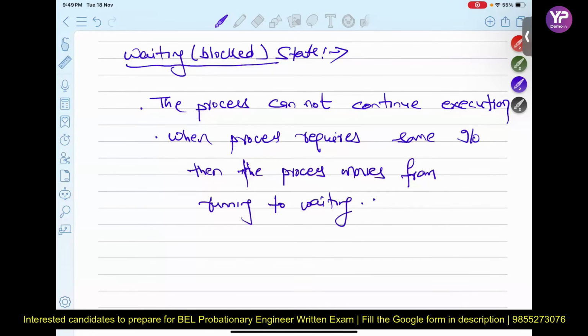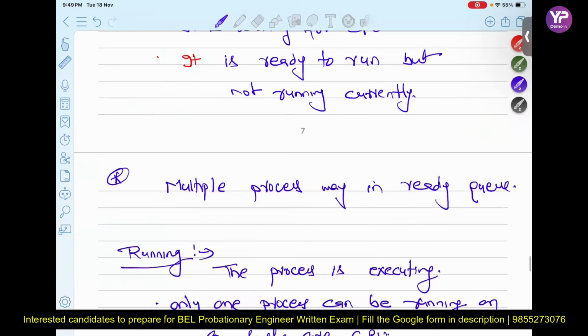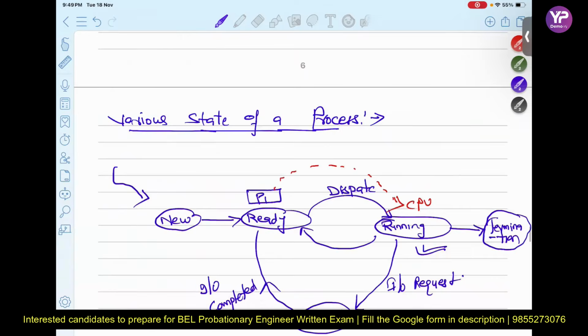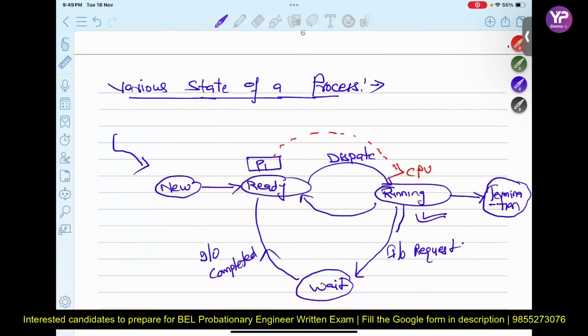That is important. Now, my dear students, from running we are moving to the waiting state because we require some IO request. At that moment, some process in the ready queue is going to be moved in, because we don't want the CPU to be idle.